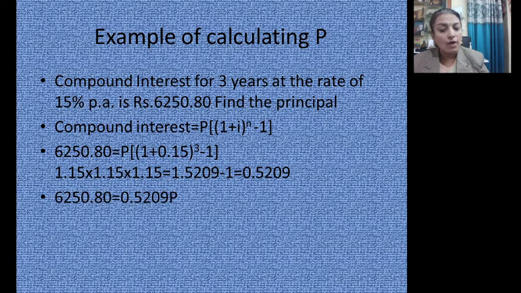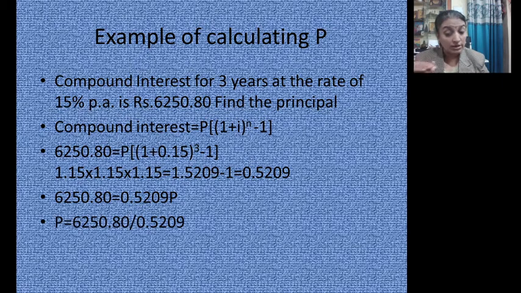Now, what is left out totally? 6250.80 is equal to 0.5209 into P, meaning P. Now, P has to be taken to one side of the equation and the known values to the other side.